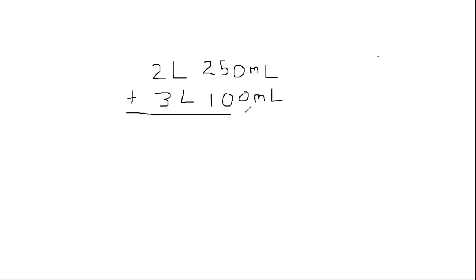So you add, simple. This is now outside the space of converting it to anything. You've got 250 plus 100, so 0 plus 0 is 0, 5 plus 0 is 5, 1 plus 2 is 3, and then 2 plus 3 is 5 liters.